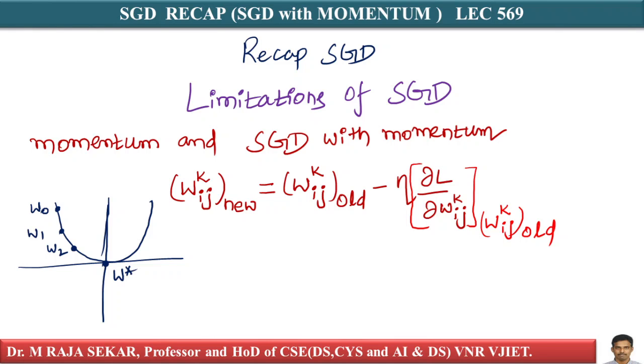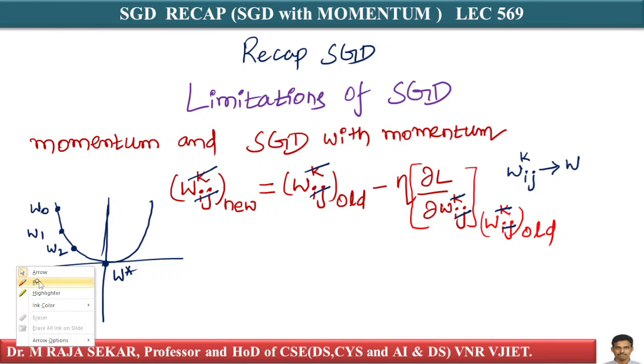Here, what I will do, instead of having ijk every time, I simply remove ijk just for simplicity to understand. Whenever I write W, what I mean is W_k in the place of W_kij.